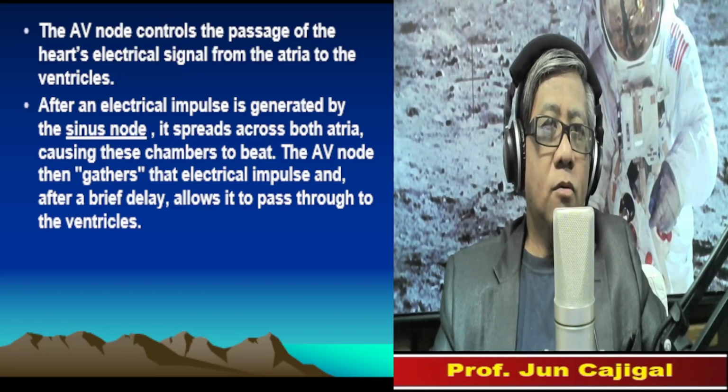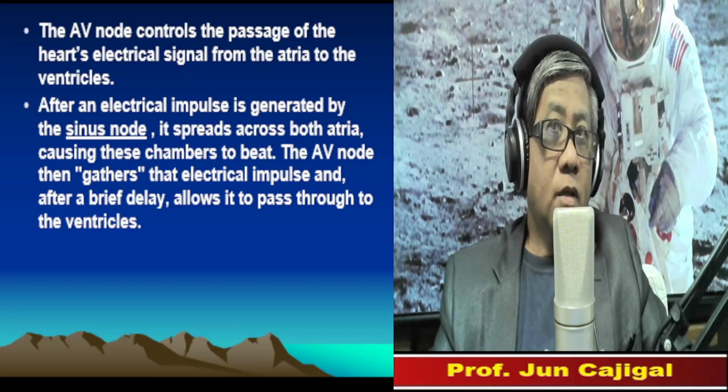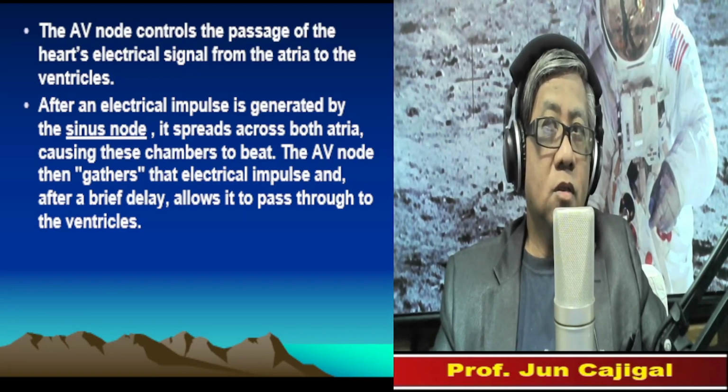Then the AV node receives or gathers the electrical impulses. Then, as I mentioned earlier, there is a delay. After that brief delay, the impulses pass through the bundle of His and to the ventricles. The ventricles are then stimulated to contract.